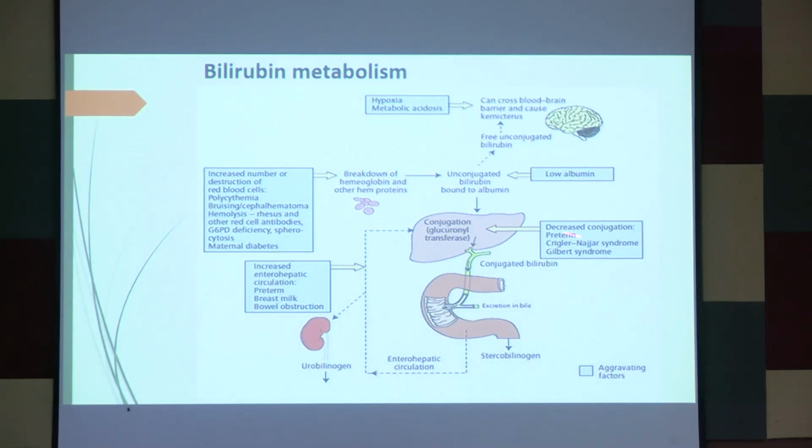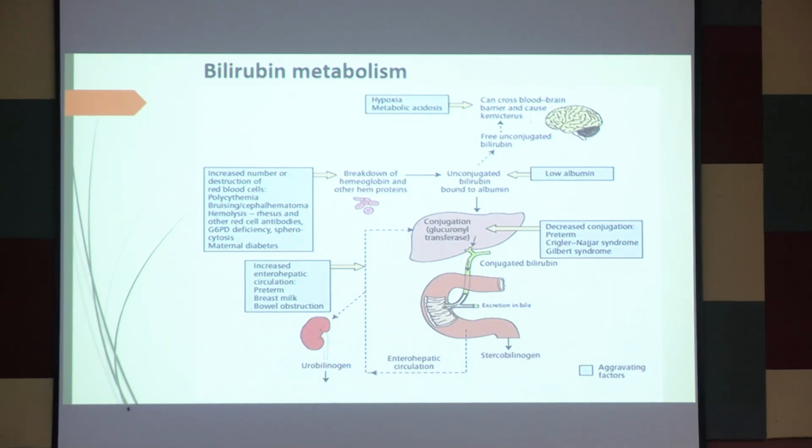What are the conditions? Crigler-Najjar syndrome and Gilbert syndrome. In Gilbert syndrome, the activity of this enzyme glucuronosyl transferase will be low, and in Crigler-Najjar syndrome, there will be complete or near complete absence of this enzyme.